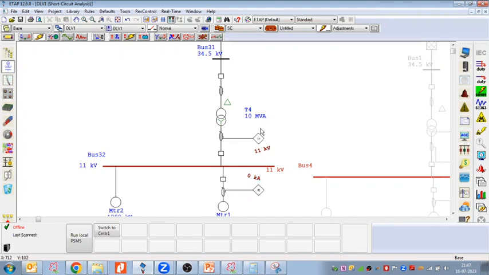But since there is no path, there is no current to sense. If the NCT can sense, then the protection system will also activate. When current flows through the neutral, the neutral CT will sense that current and give input to the earth fault relays, and those earth fault relays will give the tripping command to the associated circuit breaker, right?